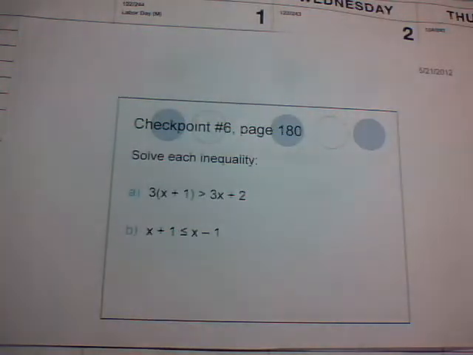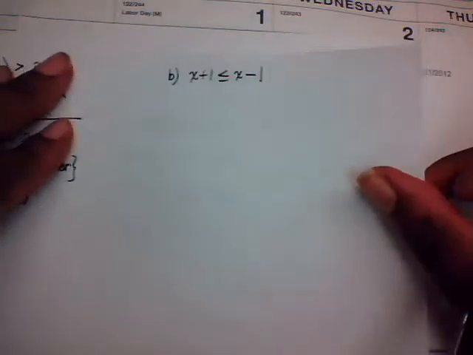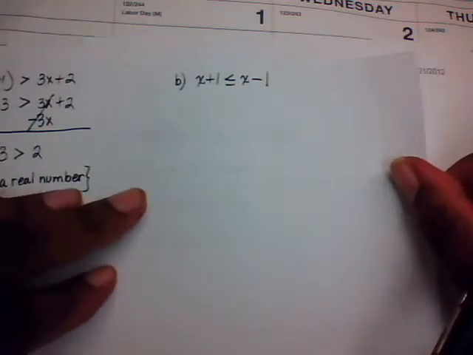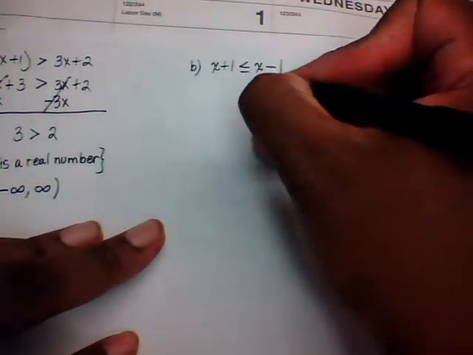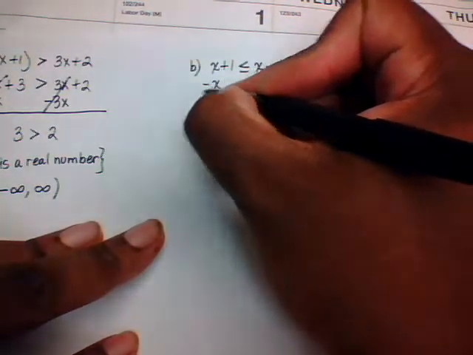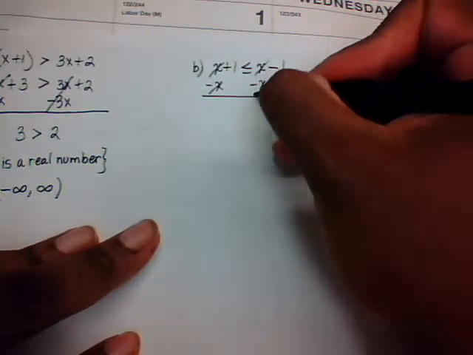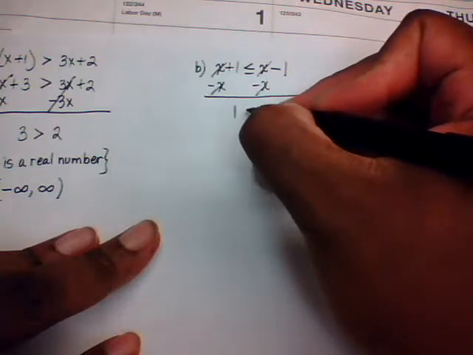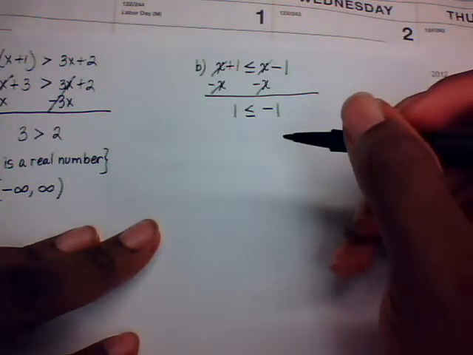Now look at part B. You got x plus 1 is less than or equal to x minus 1. Now, let's try to solve this particular inequality. Watch what happens when I try to get the x's on one side by subtracting x on both sides. Those x's are gone on the left side and on the right side. I'm going to end up with 1 is less than or equal to negative 1.